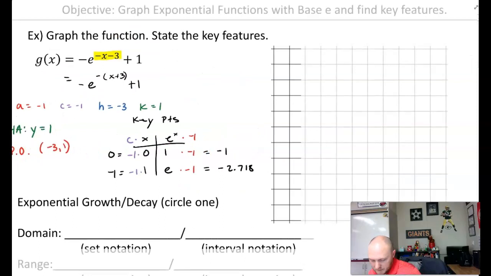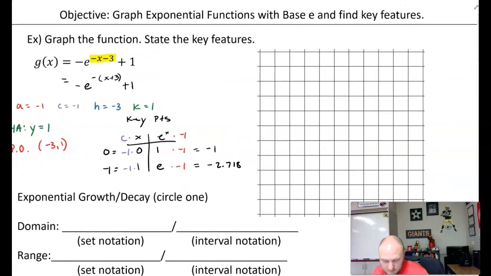Okay. So let's go ahead and graph this. I do have a vertical reflection down, so I'm going to put my axis up here. And then we're shifted left 3, so I'm going to go right 3 on my axis.